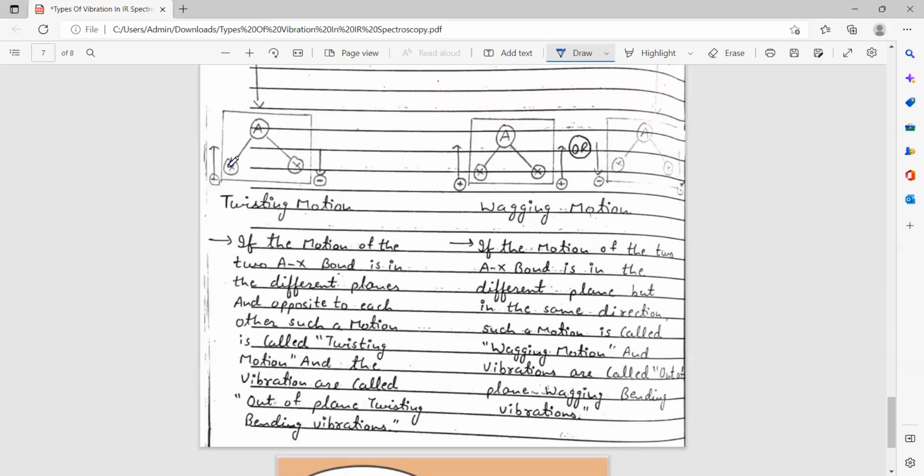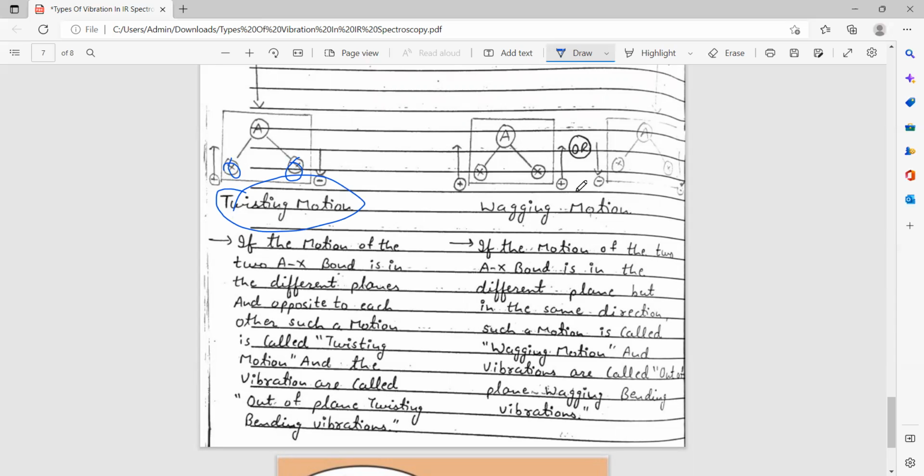If this AX bond comes near to you and this AX bond is below your eye, it can be known as a twisting motion. Twisting means opposite direction but in a different plane. In wagging motion, the motion of the two AX bonds is in the same direction but in a different plane.